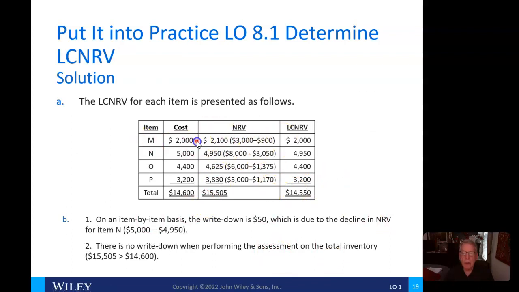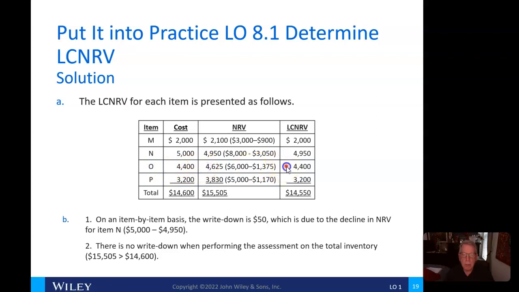Okay, so we can do this relatively easily. Here's our cost, and here's our net realizable value. In this case, the cost is lower than the net realizable value, so we'll pick up cost. And here, the net realizable value is lower than the cost, so we're going to pick up net realizable value. And for Oscar, our cost is lower than net realizable value.